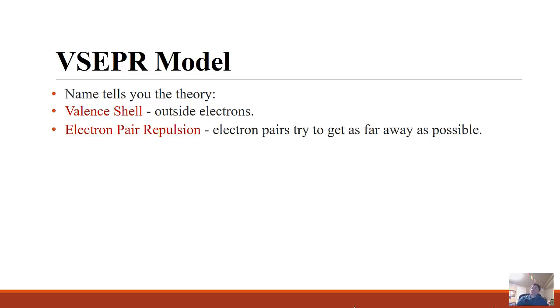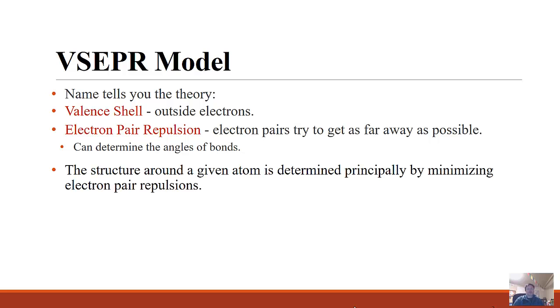Remember, electrons are negative, like charges repel, so they want to maximize the distance between them. The way we quantify that is by looking at the angles between the different atoms. What angle do they have to get to in order to minimize that repulsion? Basically, the structure of a molecule around an atom is determined by minimizing that electron pair repulsion.